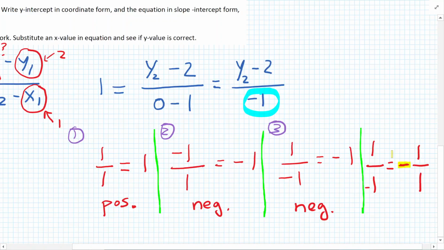I don't think that's a good idea to write it there, and let me explain why. It'll become more clear. When you're in a hurry and you're writing fast as you're doing math, that negative sign can sometimes get lost with this divide symbol.